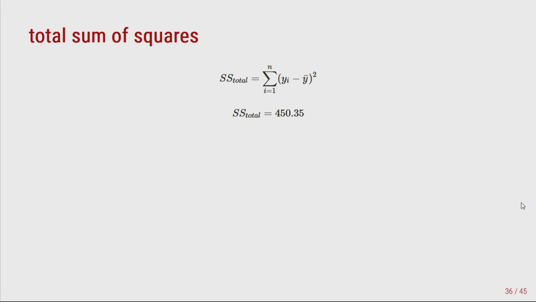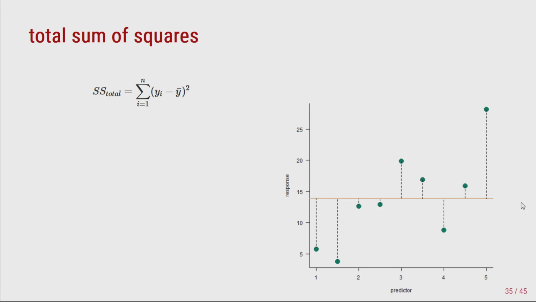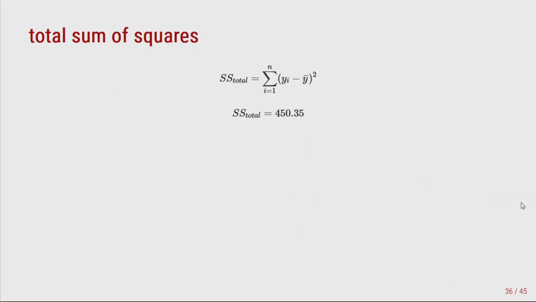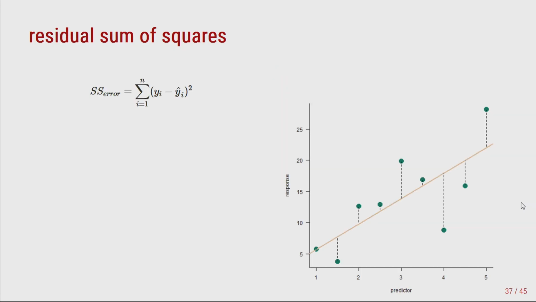And we can actually calculate this by hand. We take those values, we take the mean, we make this operation, square that, and sum. And this is what we calculated by hand. The total variance in our model is 450.